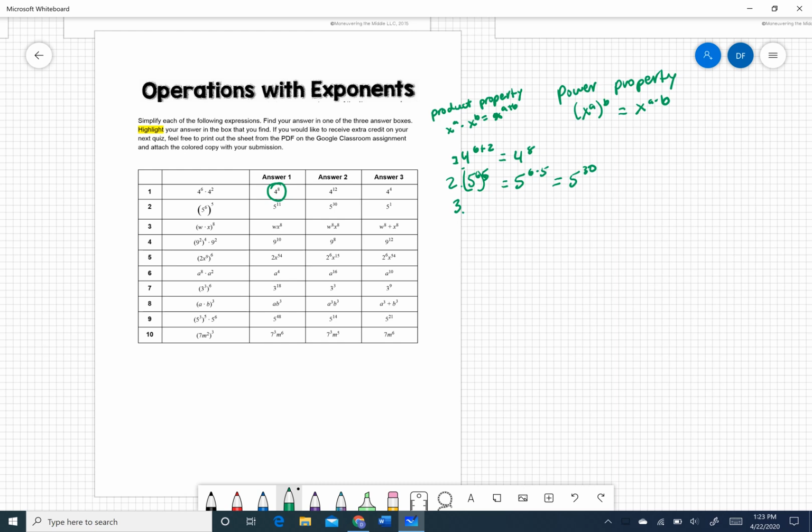So number 3, as well as number 5, 8, and 10, they're all very similar problems, and many of us actually just missed one step. I explained that in the comments, but I want to explain it here. For number 3, we have w times x to the 8th power, and we have 8 on the outside of that parentheses. When we have an exponent, this is almost like multiplying when we have something on the outside of parentheses and we're multiplying, right?